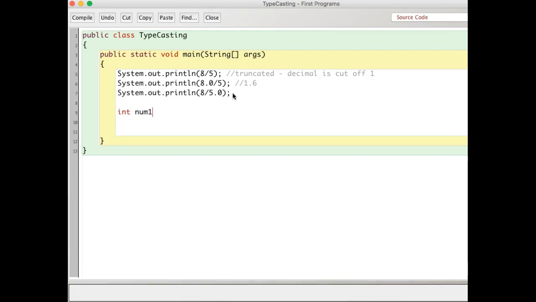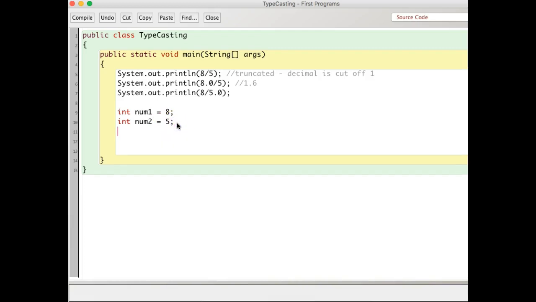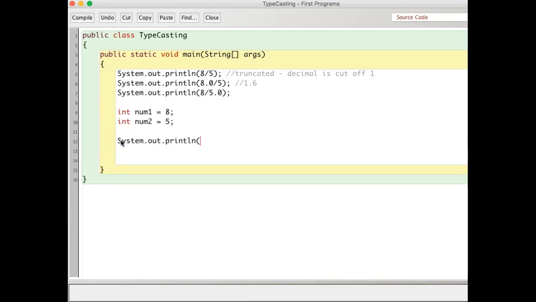when I start using variables, which pretty much is what you're going to do, because why wouldn't you? So, you know, you need numbers, but you don't need the same numbers over and over, right? Okay, so if I take these two and I want to divide these, the same thing happens.